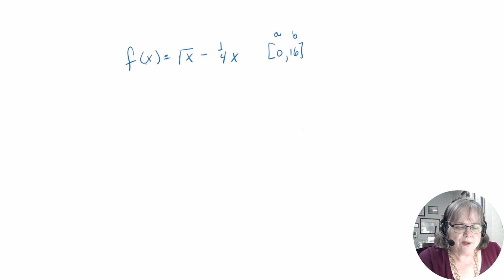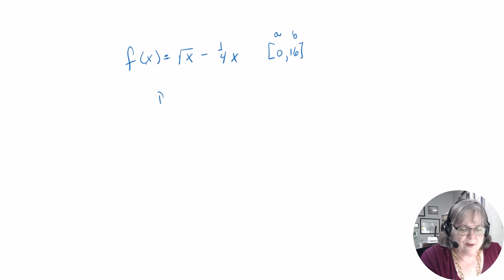Now, in order to justify using Rolle's theorem to find any place in that interval where you would have a critical number, which they call c, where the slope might be 0, you have to see if the height when x is 0 and x is 16 are the same. But you also have to verify that this function is differentiable and continuous.